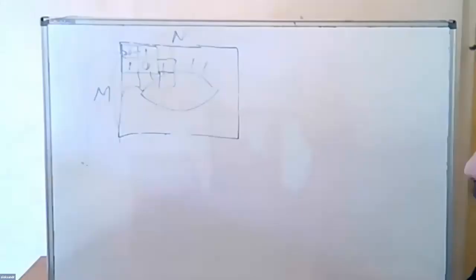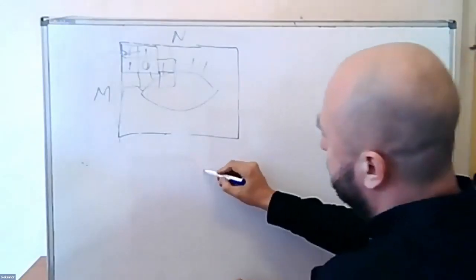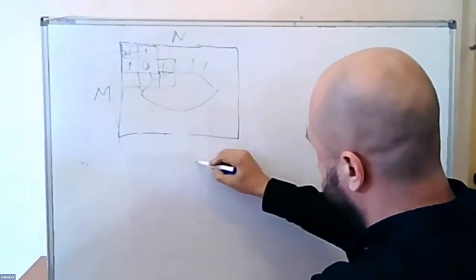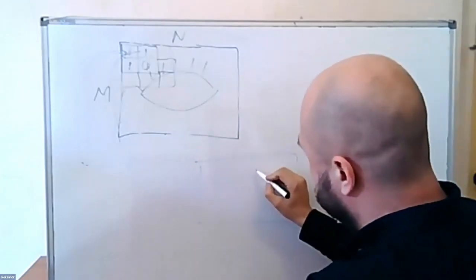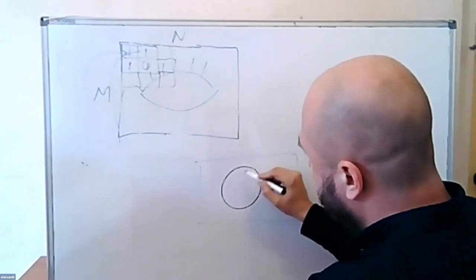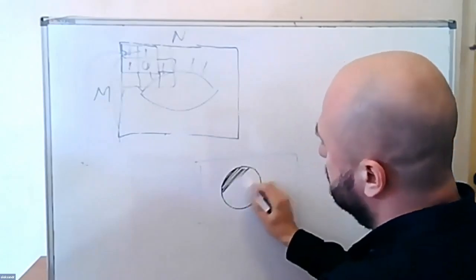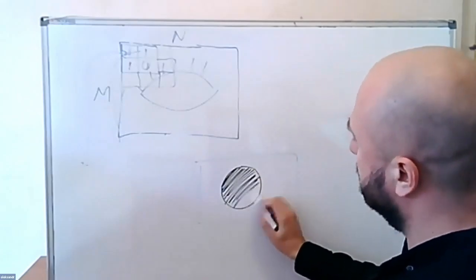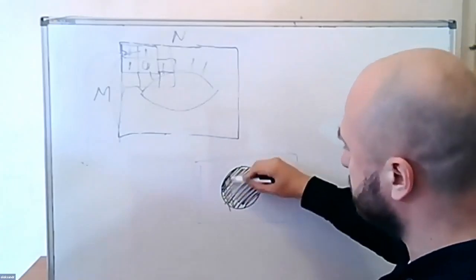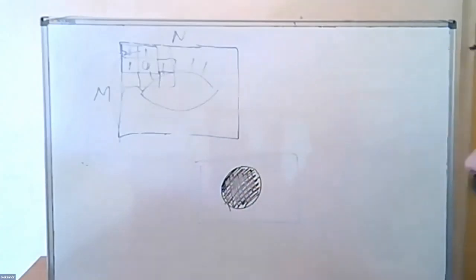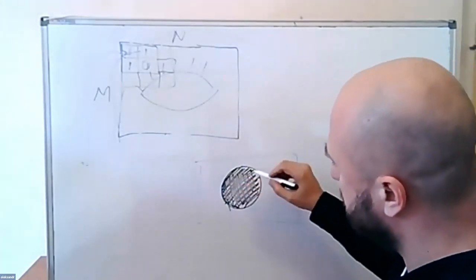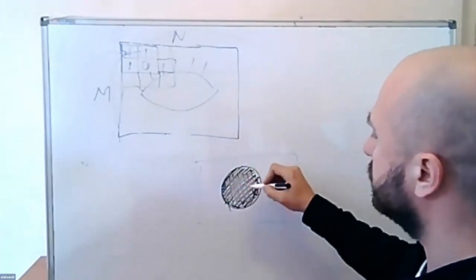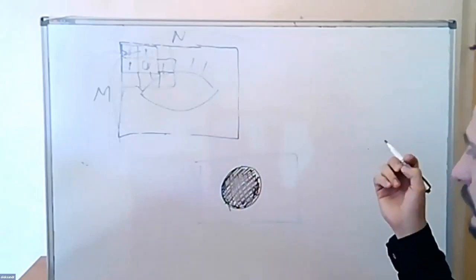So let's suppose we have an image like this. I need a darker thing. And we have just one black circle here. We want to be able to find something informative about this thing.